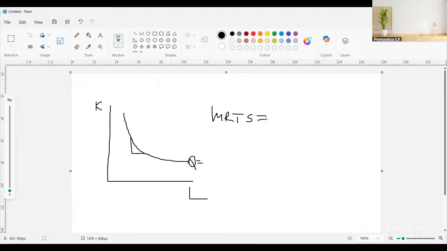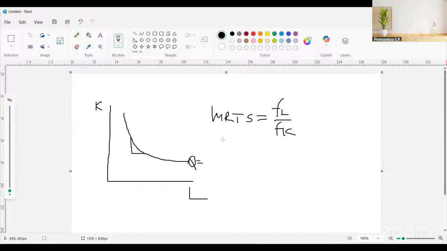So how do you find the MRTS? Marginal productivity of labor divided by the marginal productivity of capital. That's what we discussed last time. And this negative slope implies the diminishing marginal return that we proved last time.